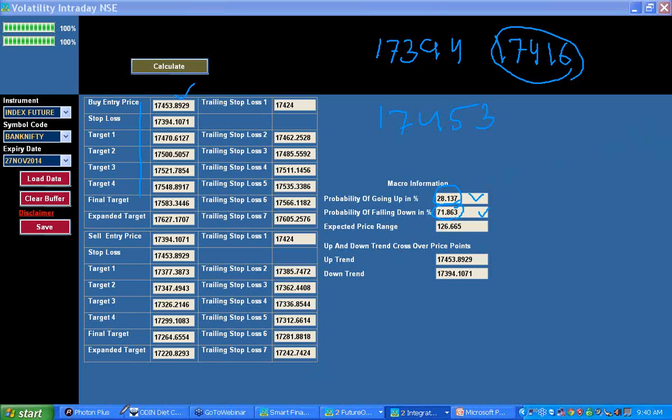So henceforth I am recommending a sell trade in the Bank Nifty, keeping a stop loss of 454. My initial targets will be 377, 347, 327 and 299. If I am selling at the current price, then 394 will also act as a target for me. So I am close to these things.